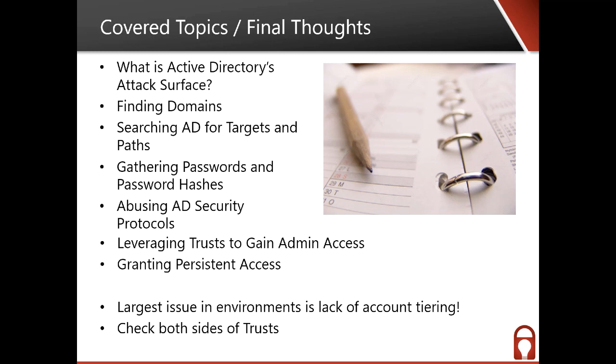Some quick final thoughts. Really, the biggest one is that Active Directory itself is remarkably secure. There's very little within it that you can use to grant yourself elevated access. It's improper configurations that cause the largest number of issues, and the biggest one by far is account tiering, right? The lack of account tiering in environments.